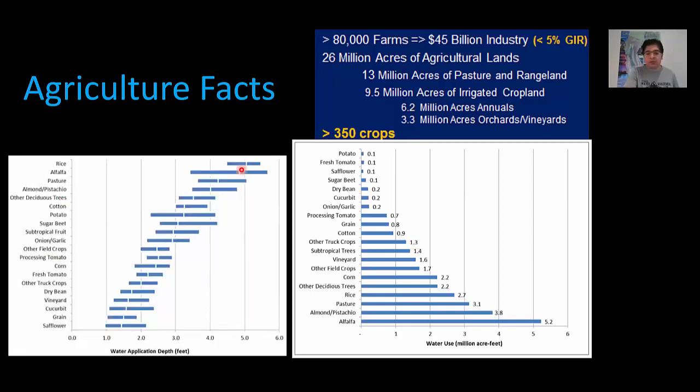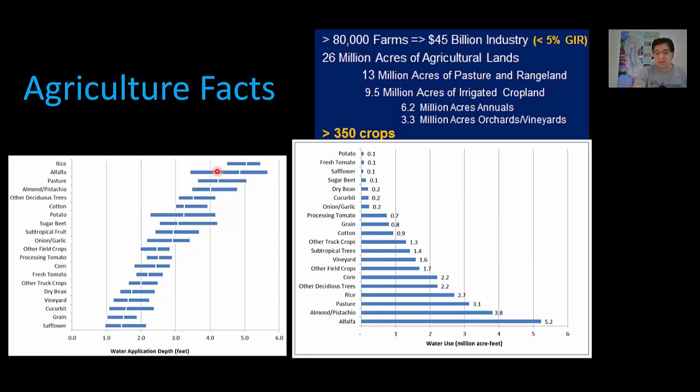Rice would be one of those that uses more water, but this is also another misleading one. It's not how much you apply, because that water is passing from one plot to the other. So actually water is recycled. It has a high depth of water per acre, but it is passing through, it's not consumptive use.